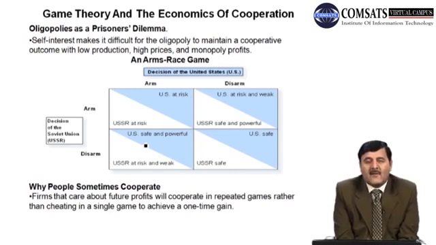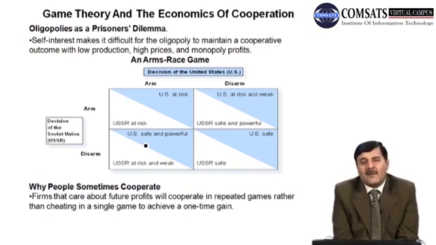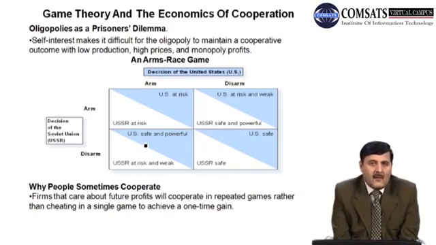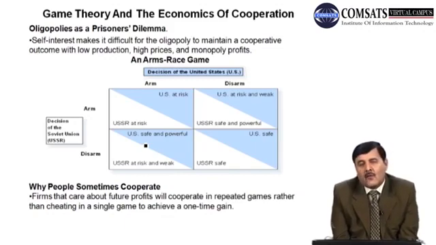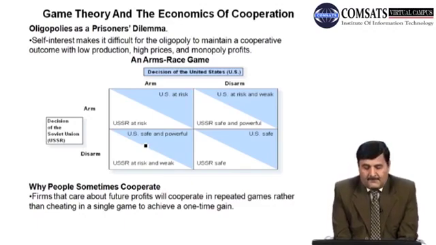The best strategy or the best combination is that they cooperate with each other. When they cooperate, the Nash equilibrium or the best strategy would be in the fourth box you can see below, where both cooperate and decide to disarm their countries. So when they disarm, the best strategy is in the last box, where both countries are safe.